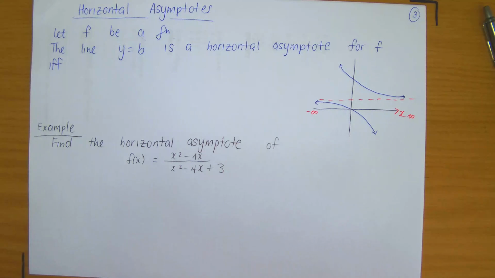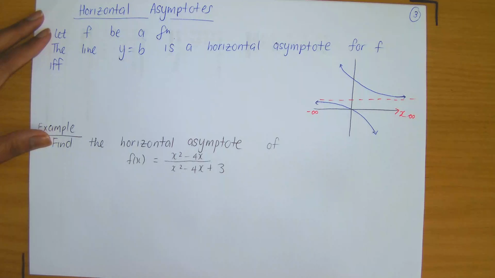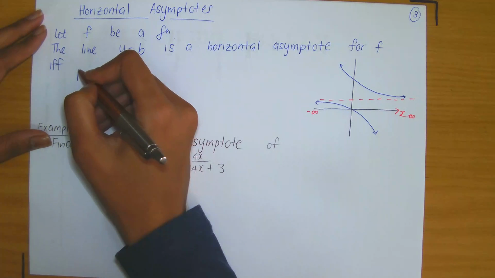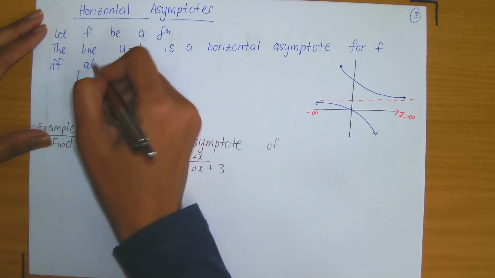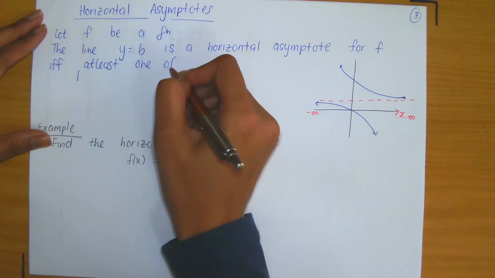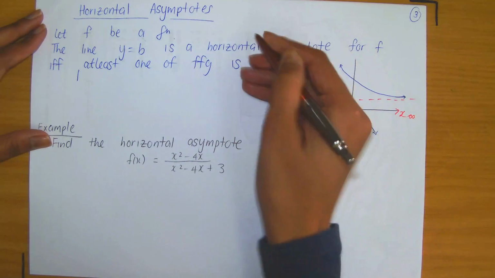So it's kind of pushing us towards some type of criteria. And it turns out that y equals b will be a horizontal asymptote for your graph if and only if at least one of the following is true. Right, and what is the criteria based on what we looked at?